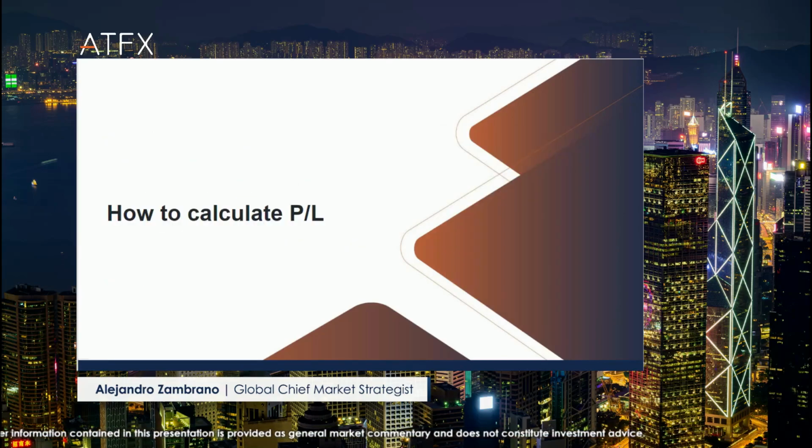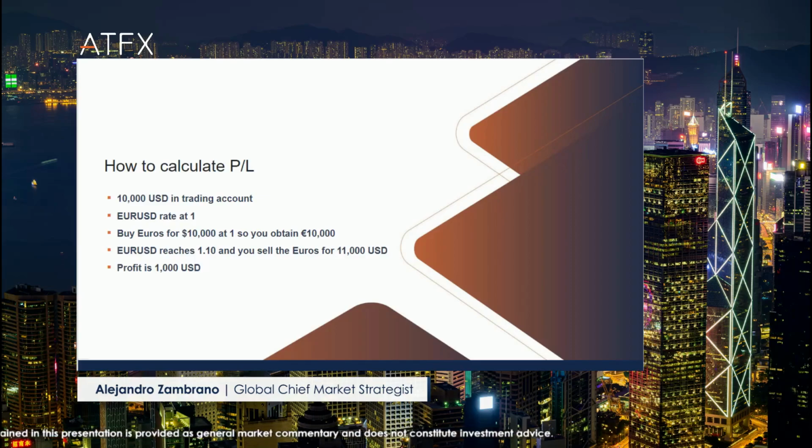How do we calculate the P&L? Well, let's use a simple example on how to calculate the P&L so you can understand the logic. Imagine you have a trading account and you have $10,000 in your trading account. Now you want to trade the euro against the dollar, and today the price is at 1. So you buy euros for $10,000 at the price of 1, which means that you get 10,000 euros in your pocket.